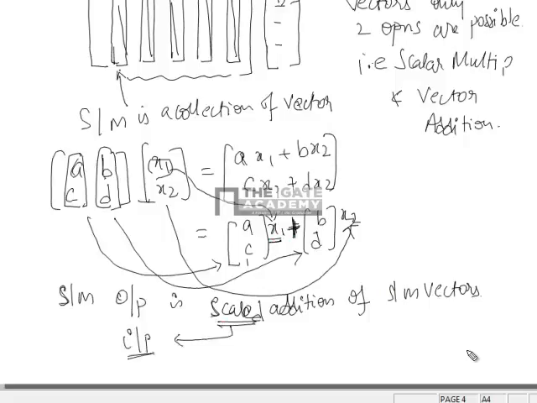Correct? So the output of the system is nothing but, when I apply an input, the system vectors are getting scaled by the applied quantities, and then they are getting added up, and I will get the output of the system. This is the meaning of AX equal to Y. This is how any system in the world works. I can model any system in the world by this analogy.